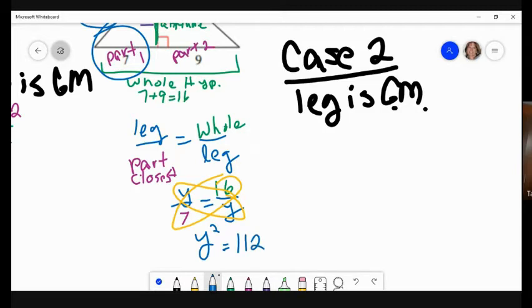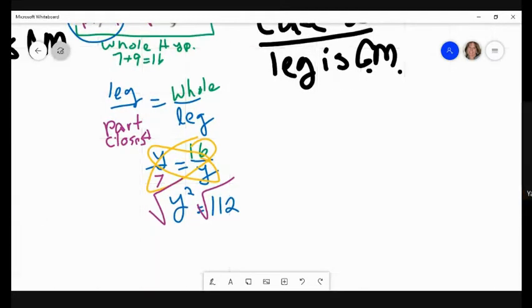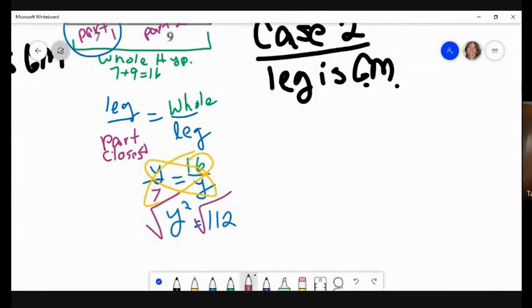All right, so now we're going to take the square root, and that one would give us 10.58. Yeah, 10.58. So that was again doing the y.